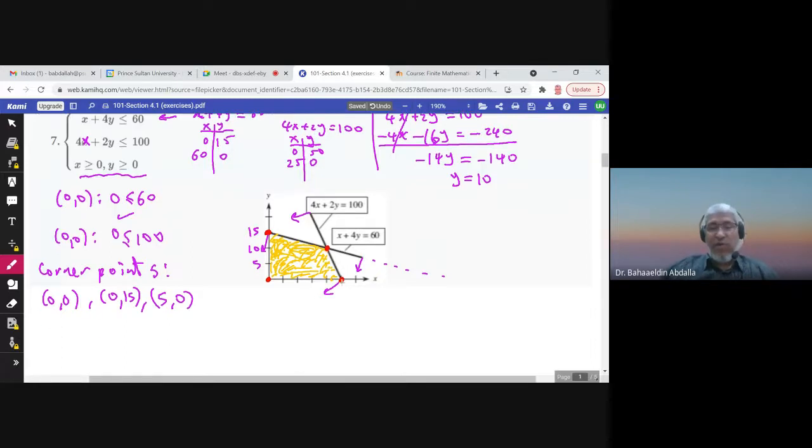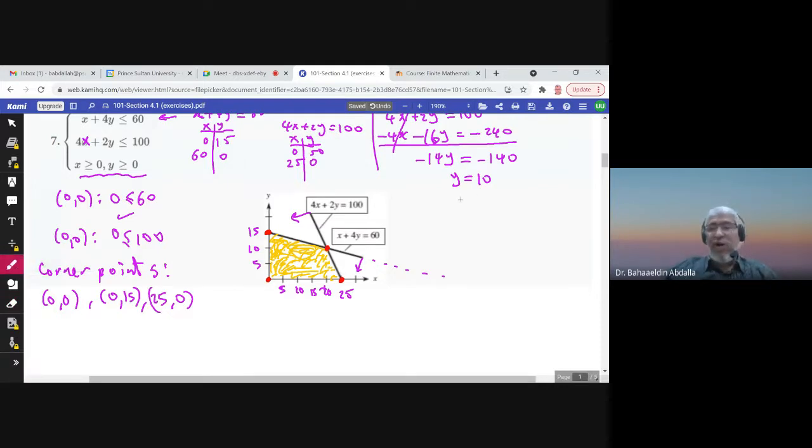So this number is 25. 5, 10, 15, 20, 25. Good. So each unit of measure here is 5. So now I know that 0, 15 and 0, 0 are okay, but this is not 5, 0. This is 25, 0.